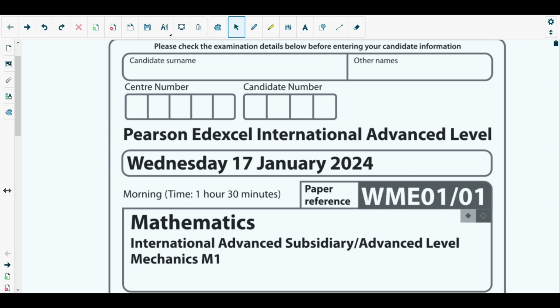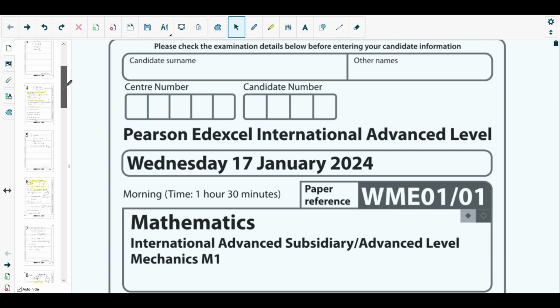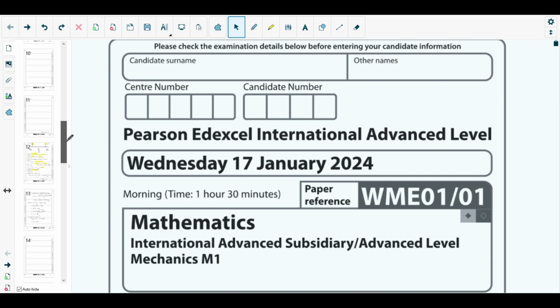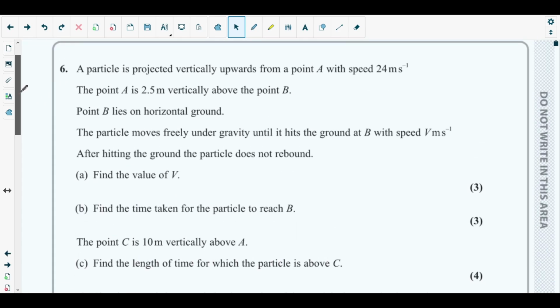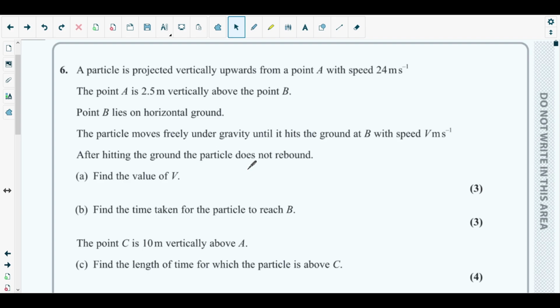In this video, we will be solving question number 6 from the January 2024 Mechanics 1 paper. Let's see what question number 6 is about. The concepts behind it are from projectile motion, discussed in chapter number 2 of your Mechanics 1 textbook.